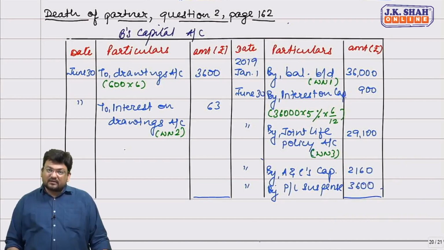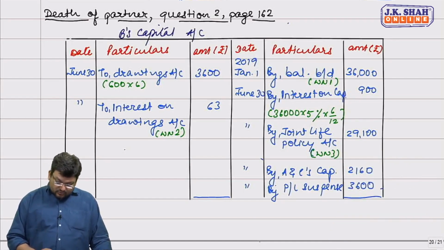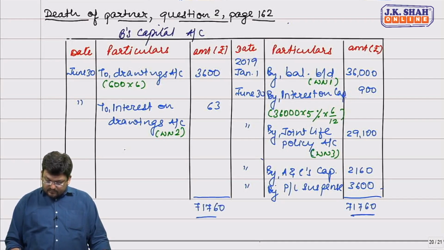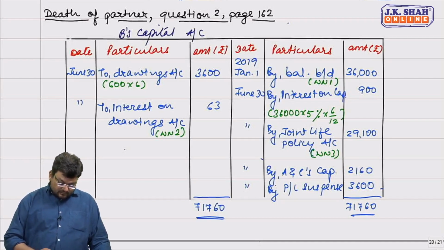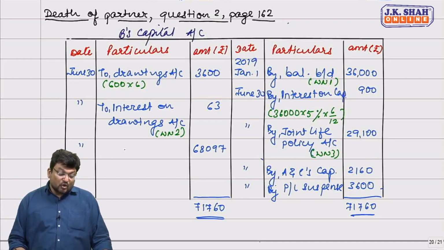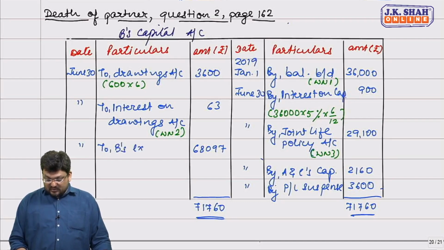to B's capital. Correct? So 2,160 plus 3,600 plus 29,100 plus 900 plus 36,000. 71,760. $68,097 is the final amount due, which is to be transferred to B's executor's account.